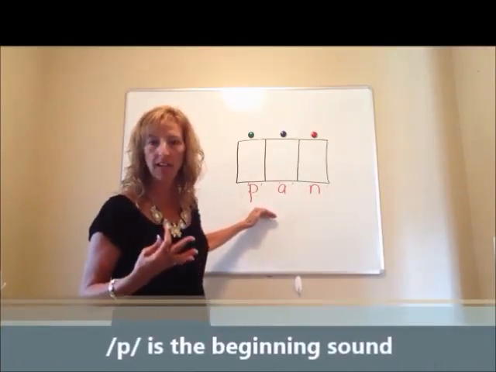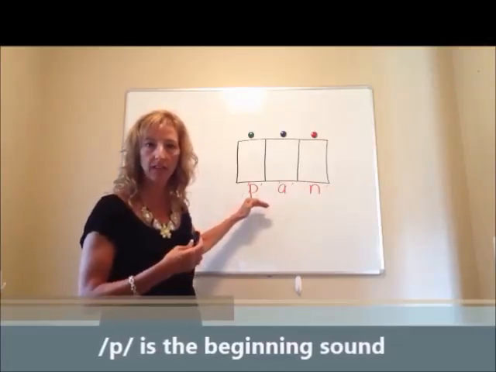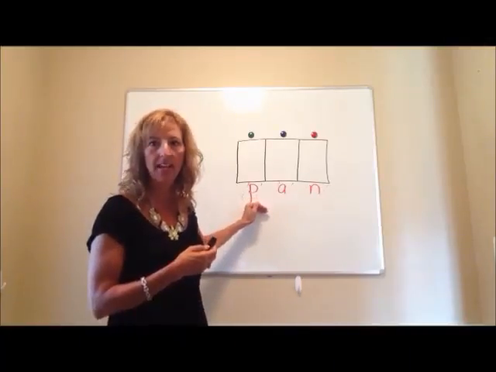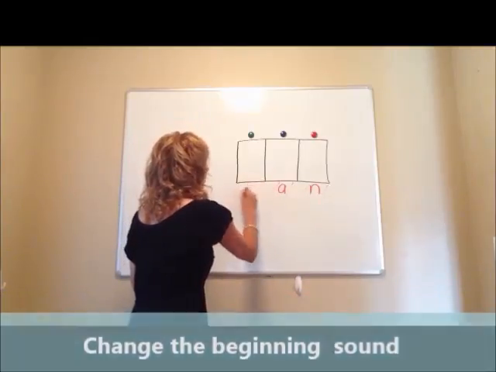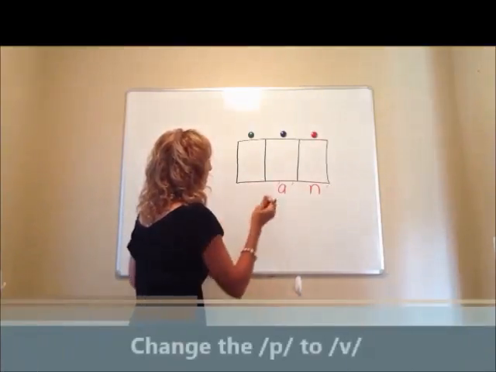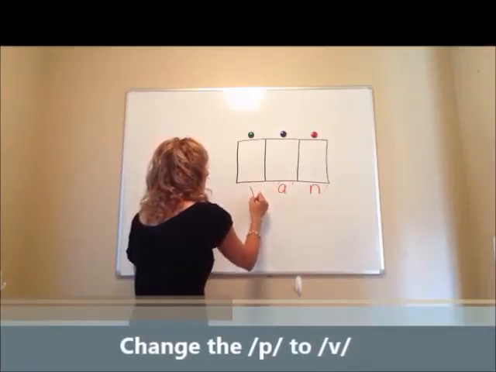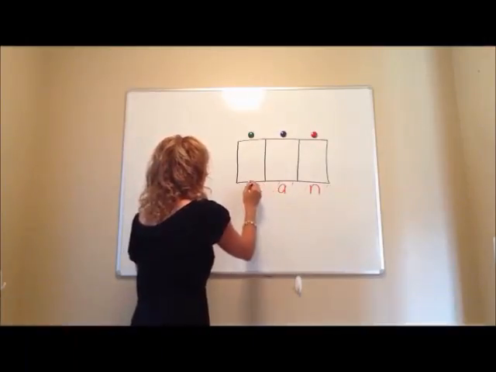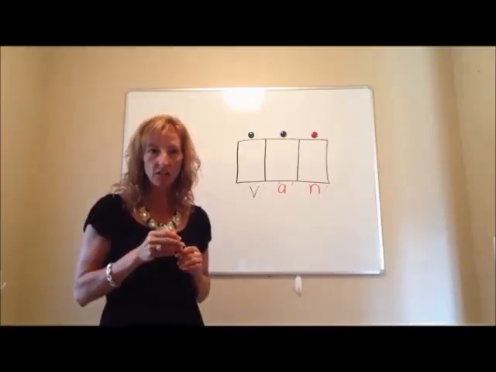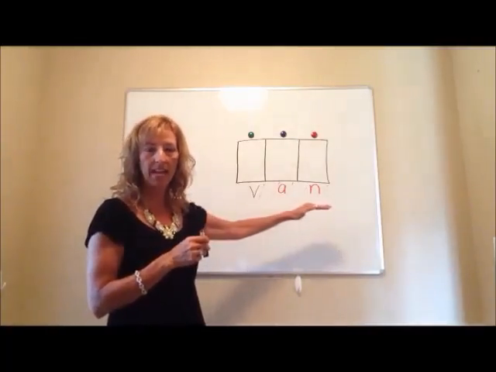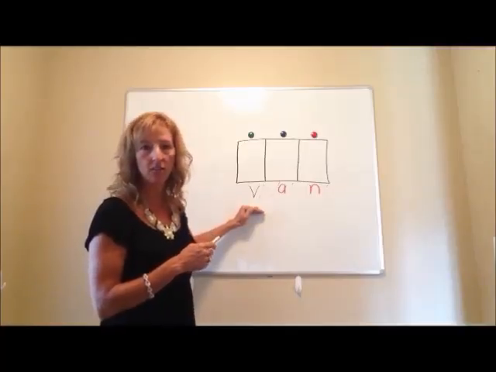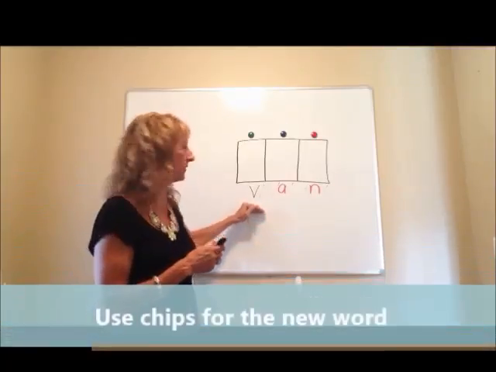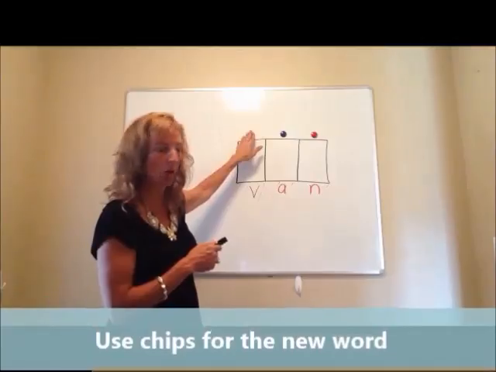Have students repeat this with you as you identify the beginning sound. Now we're going to change the sound. We're going to change the p in pan to v. When we change the beginning sound of pan to v, the word changes a bit. This is where you're going to use your chips for the boxes. Now let's say the new word.